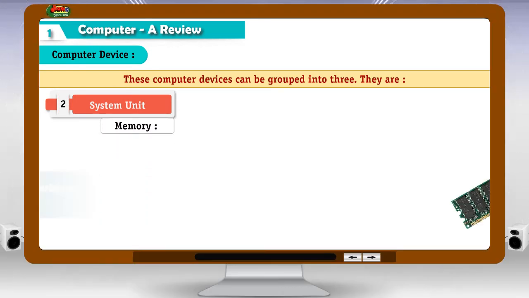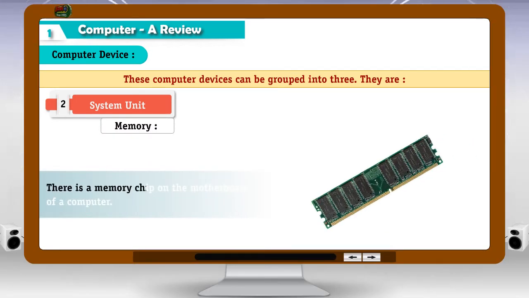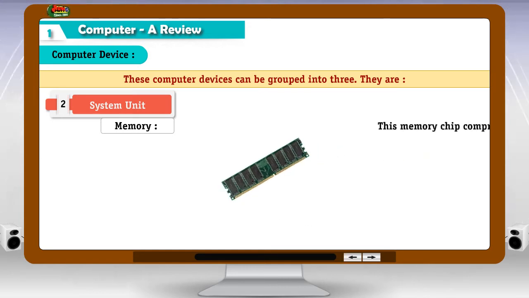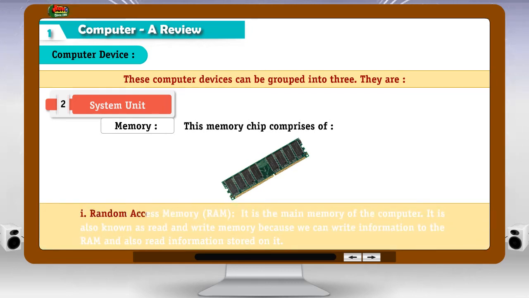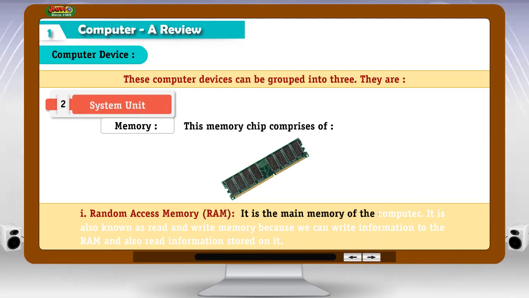Memory. There is a memory chip on the motherboard of a computer. This memory chip comprises of 1. Random access memory RAM. It is the main memory of the computer.